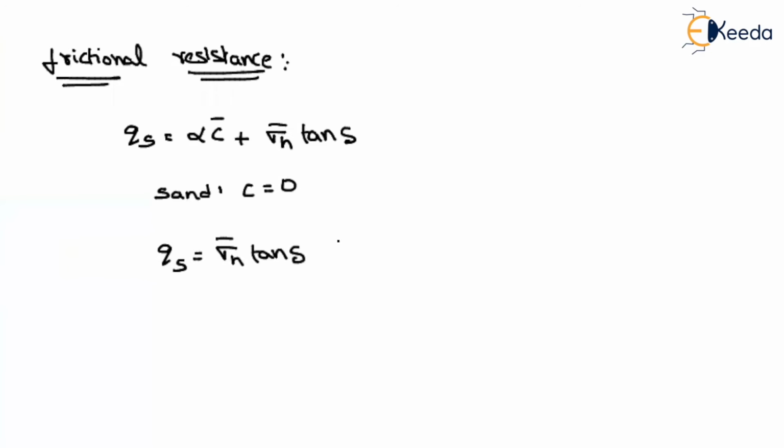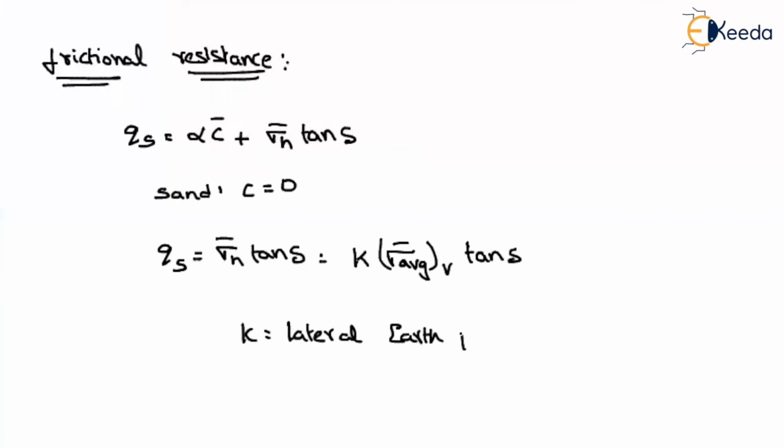What is meant by sigma H bar? Lateral earth pressure. That can be found out by using some constant K into the average stress along the vertical direction into tan delta. Now, K is nothing but the lateral earth pressure constant.